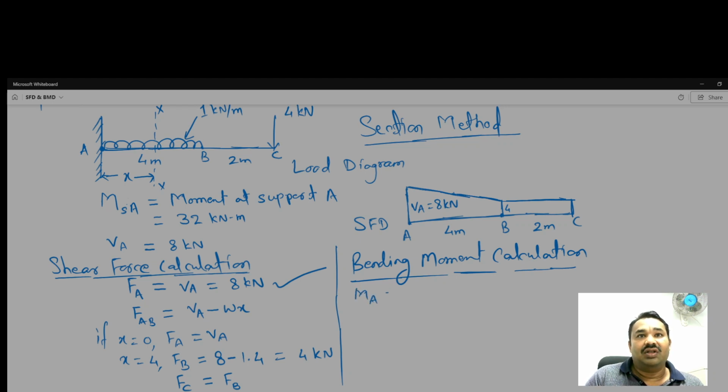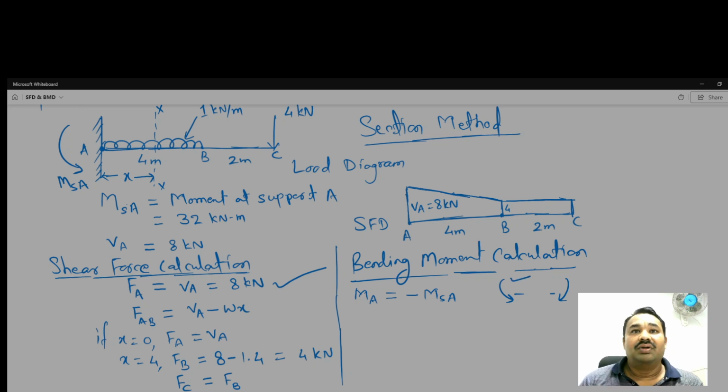So MA will be what? Here minus MSA, because in the bending moment sign convention, this we take negative. That's why here the resisting moment MSA is acting anticlockwise. That's why here means minus.